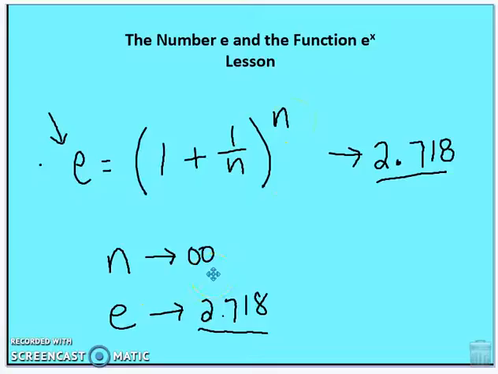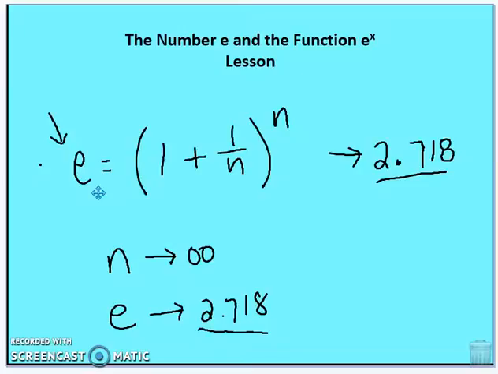He was able to work out that the value is approximately 2.718. And he applied that value as the value of e. So e is a number. It actually is an irrational number, which means the values never repeat and the decimal values never end. So e, like pi, is an irrational number, approximately 2.718.